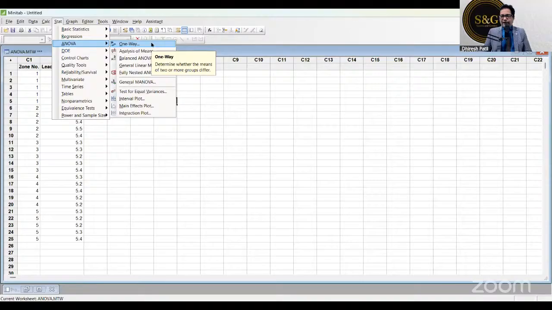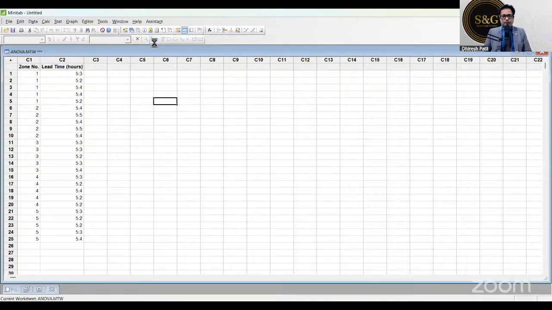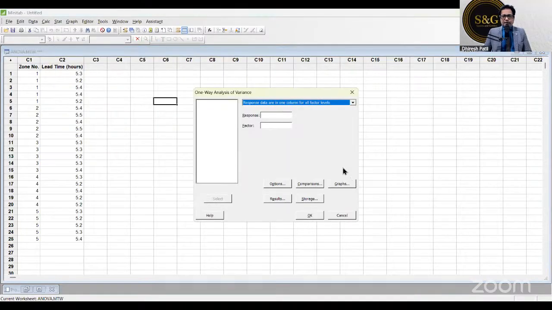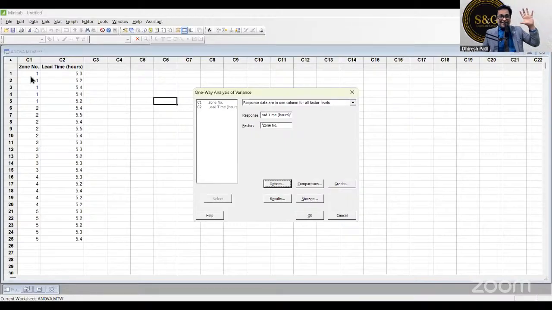Click on that. Here, the response in this case is the lead time, and the factor we want to test is the zone. What we want to check is whether zone to zone there is any statistically significant difference.